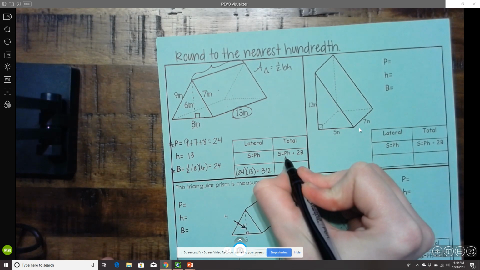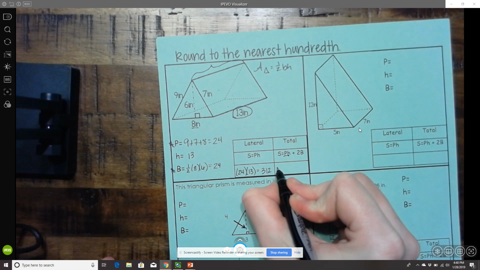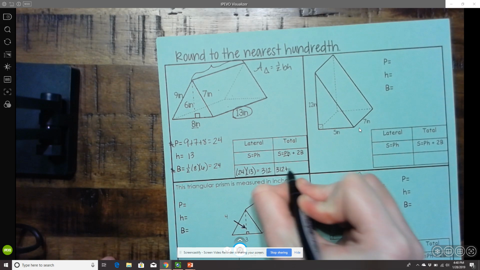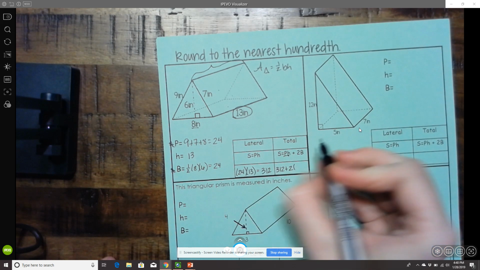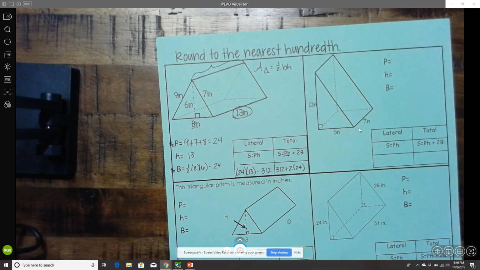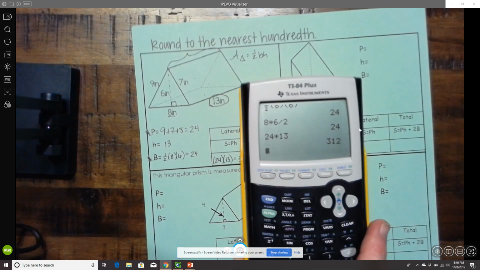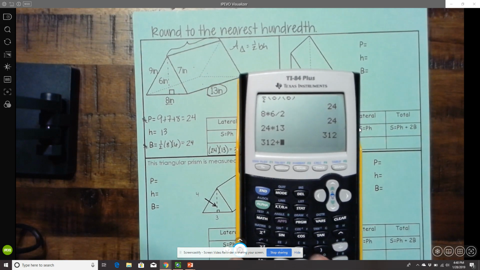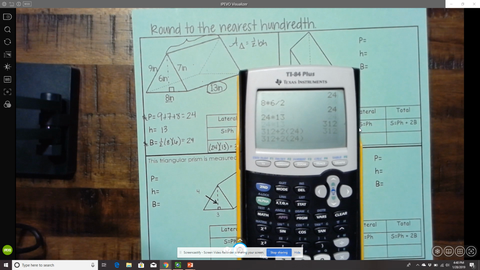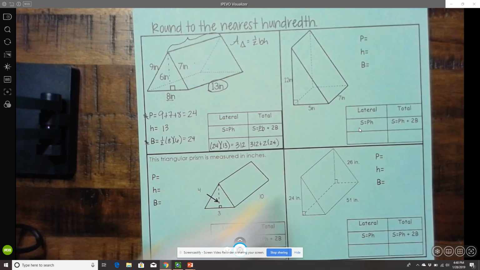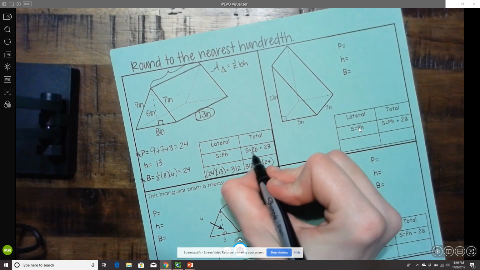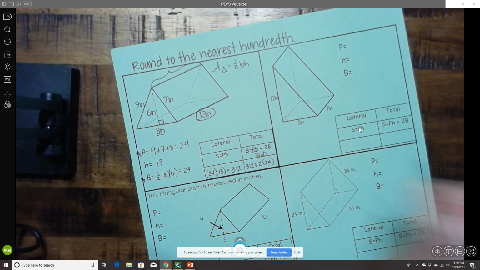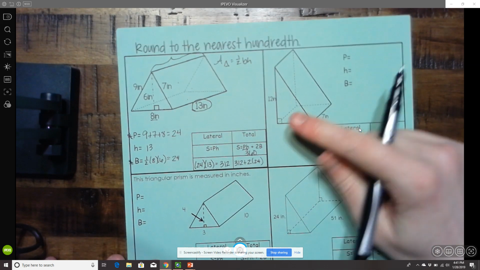And then total surface area, again, we use the lateral, so 312 plus 2 times big B, so 312 plus 2 times 24. So 360 would be my total surface area.